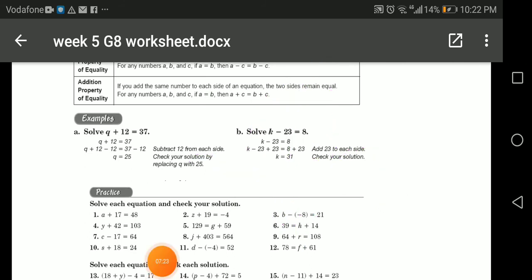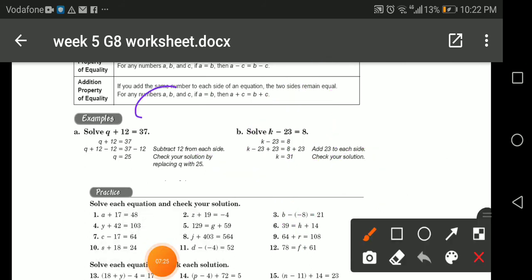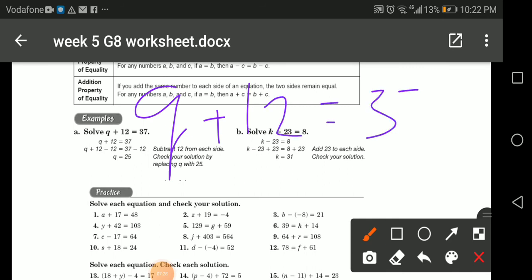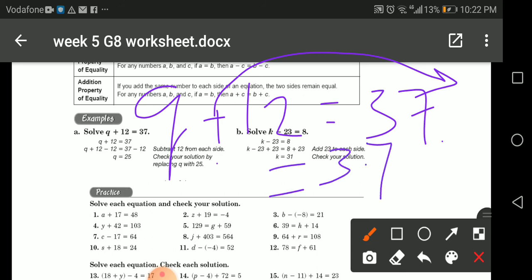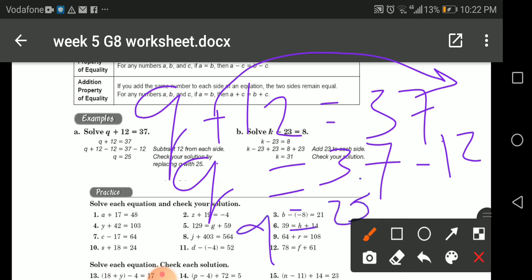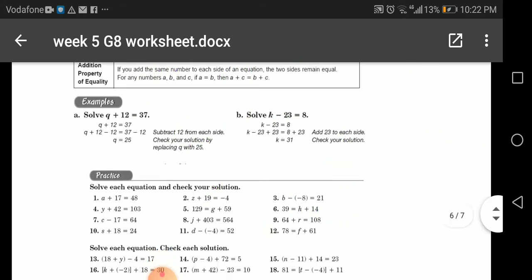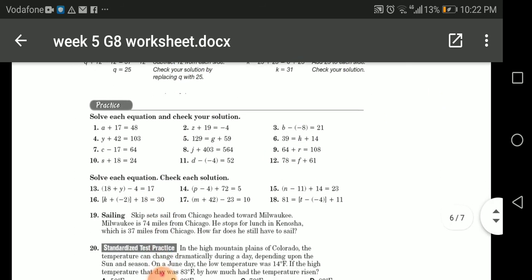Another way, and we usually use this way, guys: if q plus 12 equals 37, positive 12 goes to the other side as negative, and then q will be 37 minus 12, 25.